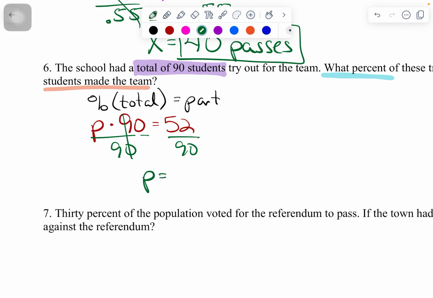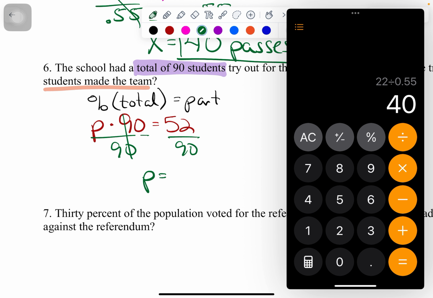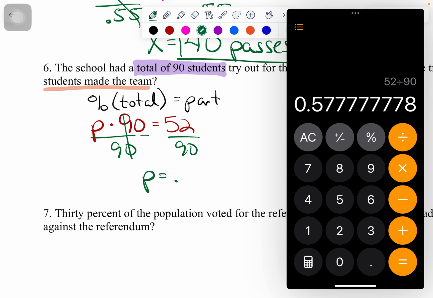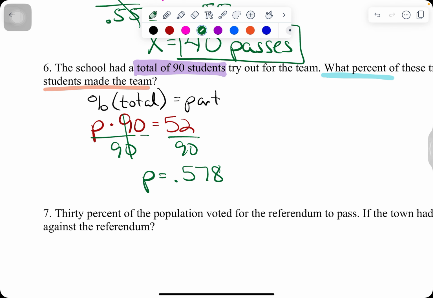So P is equal to, let me pull that calculator back up, because 52 divided by 90 is not happening in my head. All right, so 0.578, close enough. We're going to have to obviously round this one. We're going to move our decimal 2 places over.